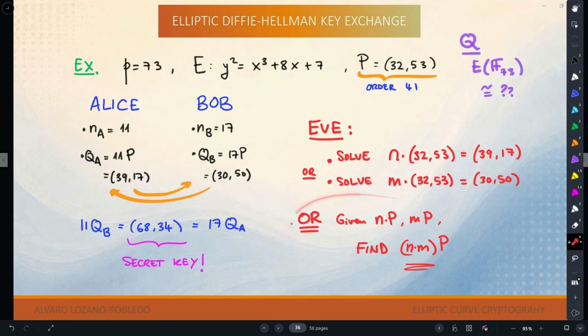But there is a different problem that Eve could solve, which is, given this multiple of P and given this multiple of P, find this multiple of P. Okay? So I don't know n, I just know this point. I know this is a multiple of this point, and now I want to know what that multiple is. Okay?